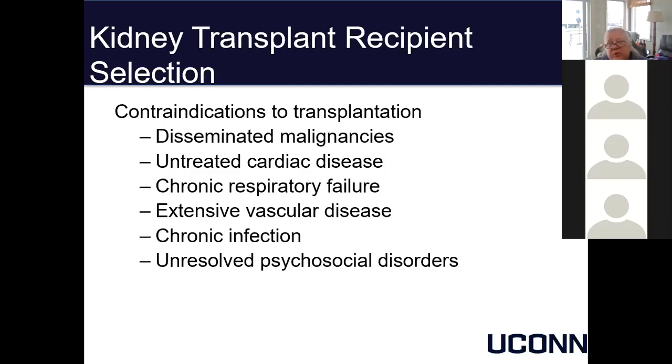Many of those issues make you a very poor candidate for surgery of any kind. So it's not particularly surprising that those would be on a list when a resource is as limited as an organ, but nonetheless, usually unresolved psychosocial disorders.